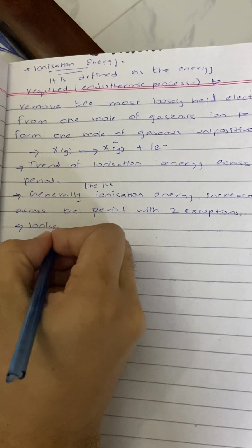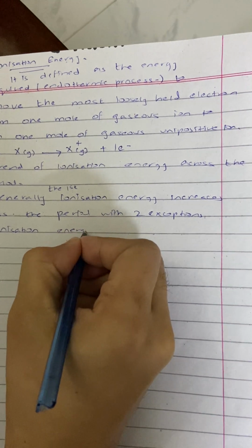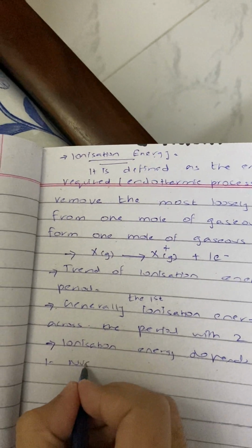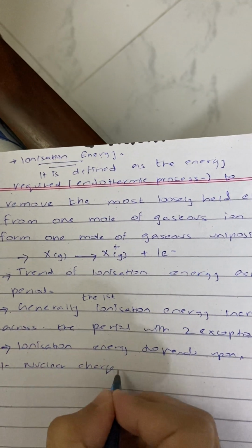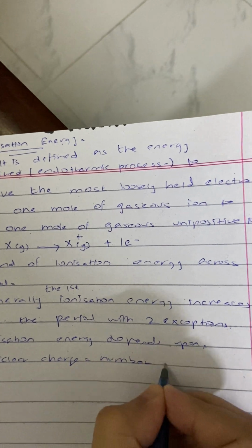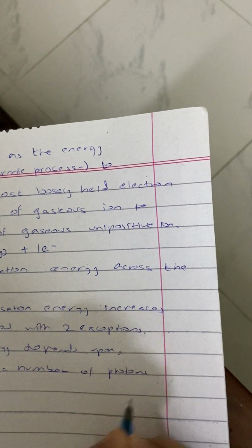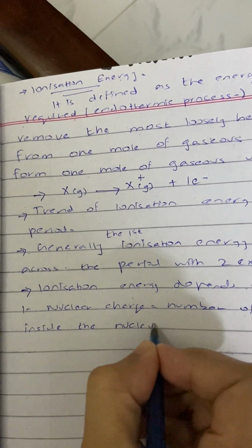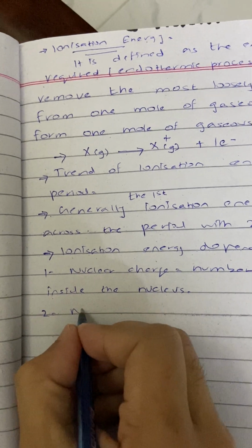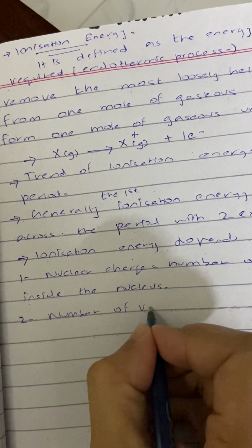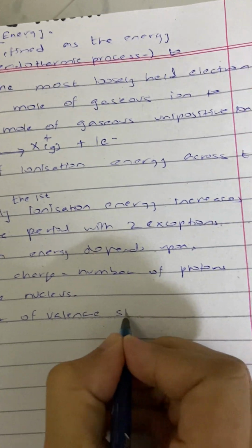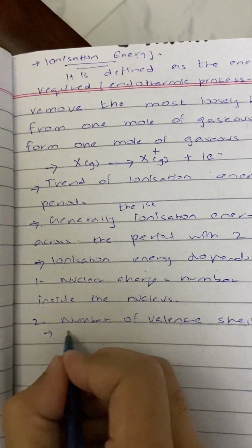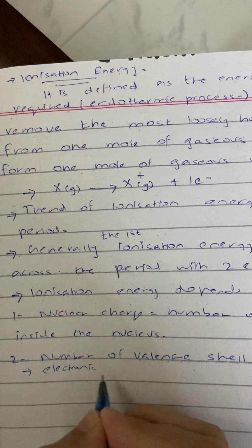Ionization energy depends upon a few things. Number 1, nuclear charge, which is the number of protons inside the nucleus. Secondly, it depends on the number of valence shell electrons as well as the electronic configuration.